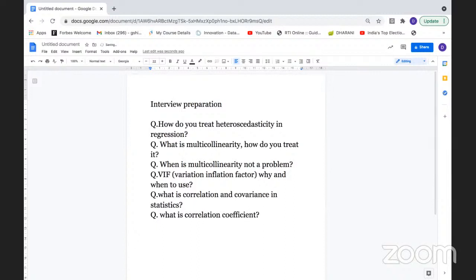It's a measure that calculates the strength of the relationship between the two variables. We use it to measure both the strength and the direction of a linear relationship between two variables.